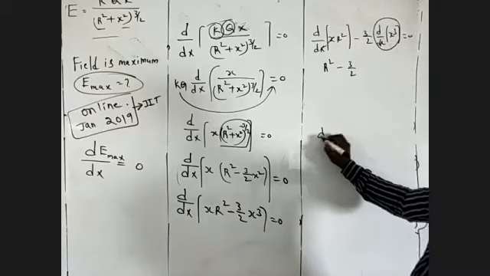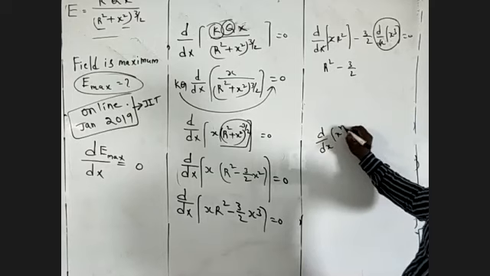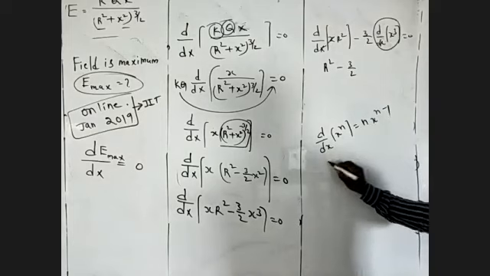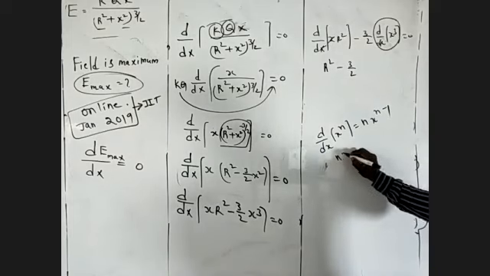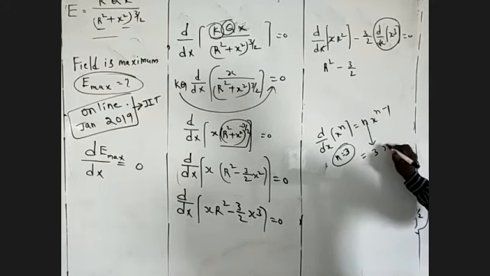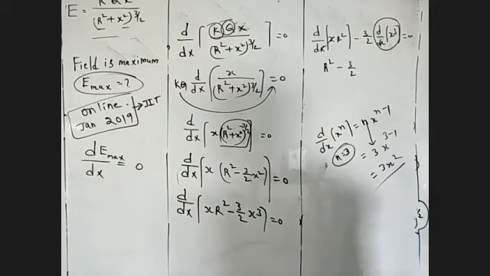Do you know d by dx of x power n? The formula is n into x power n minus 1. Here x power of 3, n is equal to 3, so x power of 3 minus 1. What is the answer? 3x square.